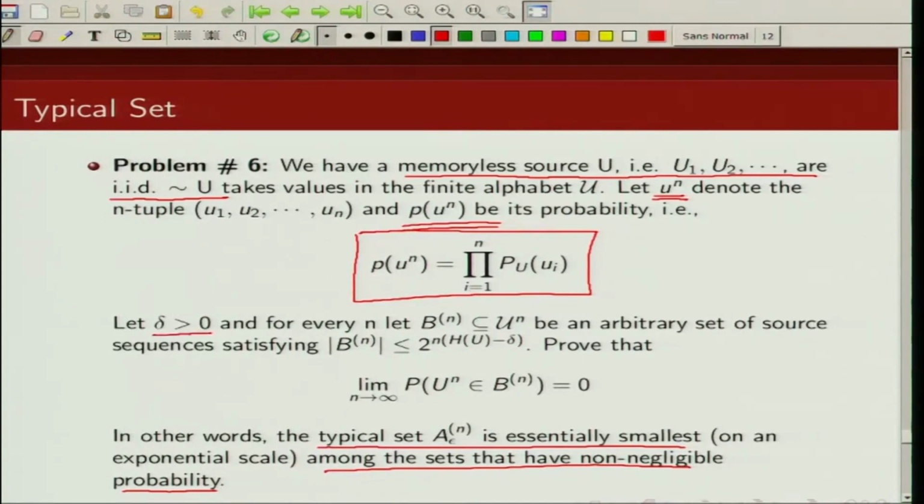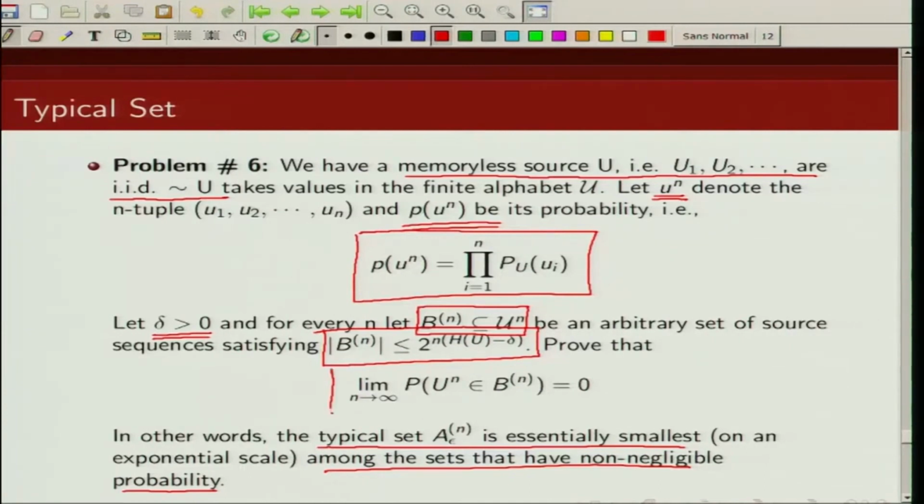Now let delta be greater than 0 and B_n be a subset of U^n where the sequence satisfies the condition that the cardinality of B_n is less than or equal to 2 raised to the power n(H(U) minus delta).